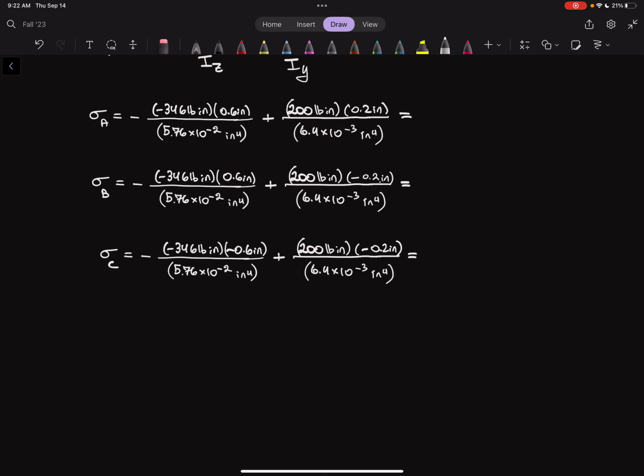Now we're going to input everything into the calculator. This is going to be our drum roll for this exercise. So I'm going to write minus 346 times 0.6 divided by 5.76 times 10 to the negative 2, all of that added to another fraction, 200 times 0.2 divided by 6.4 times 10 to the negative 3.